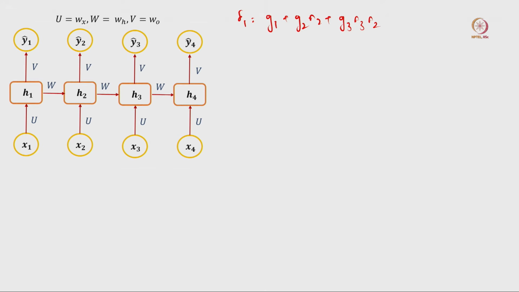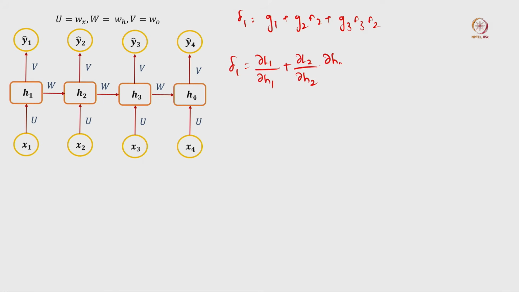So, can we go back and then substitute the values back again in terms of derivative laws, all these can we go back? So, delta 1, what is g? G is derivative of loss 1 with h1, right, plus g2 is derivative of loss 2 with h2, and what is a2 here?